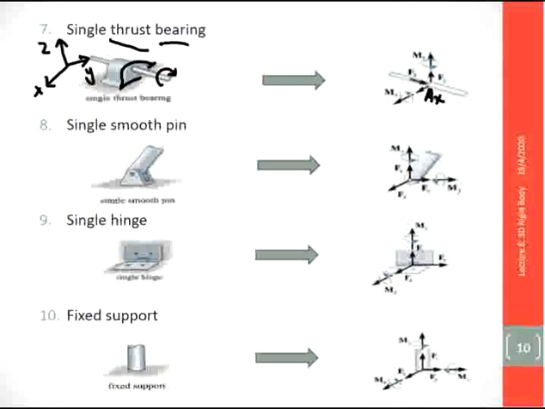And also for y, because in the y direction it cannot move, so there is a reaction at the y direction. So there is Ay here, and also Az, because it cannot move up and down.